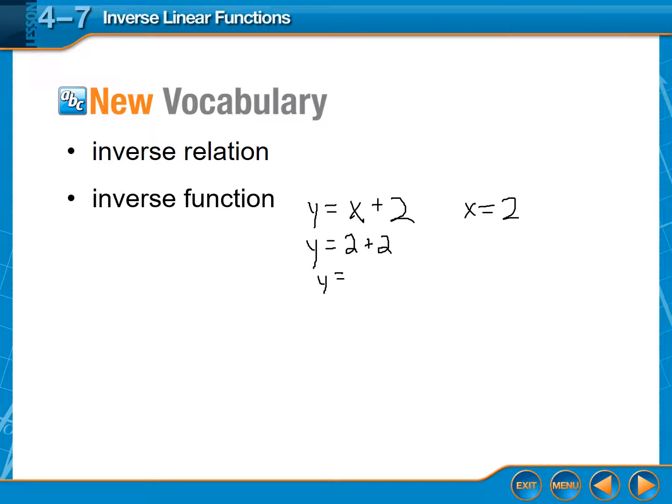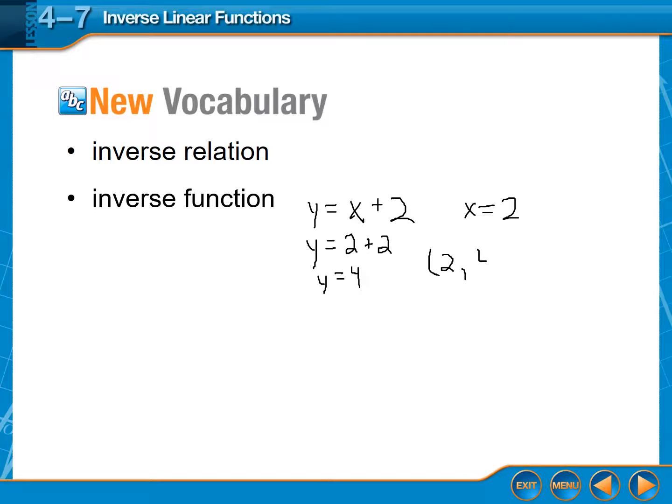Every time I plug in 2, it'll give me 4, no matter what. That's what makes it a function. When I plug in a value for x, it gives me one and only one y value. If I plug in 2, it's going to give me 4 every time. It's not going to be negative 2 one time. 2 plus 2 is always going to be 4.